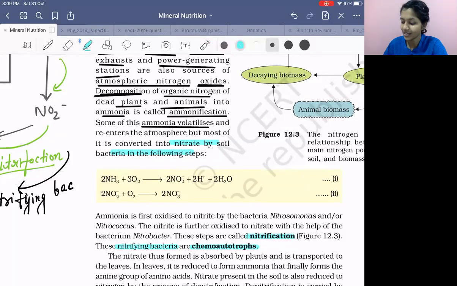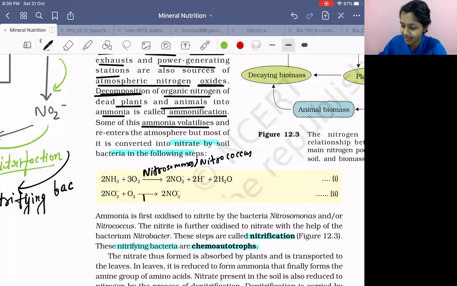Now the question is, which bacteria is acting over here? Nitrosomonas or Nitrococcus. And in the second step, nitrite to nitrate, Nitrobacter is acting.